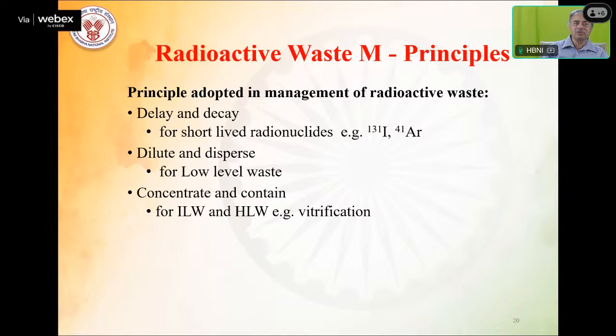So you first ensure that the radioactivity is removed from the low level waste to a large extent, to an acceptable limit, and thereafter you dilute it and disperse it in the environment as per the limits set by AERB or by the regulatory authorities.